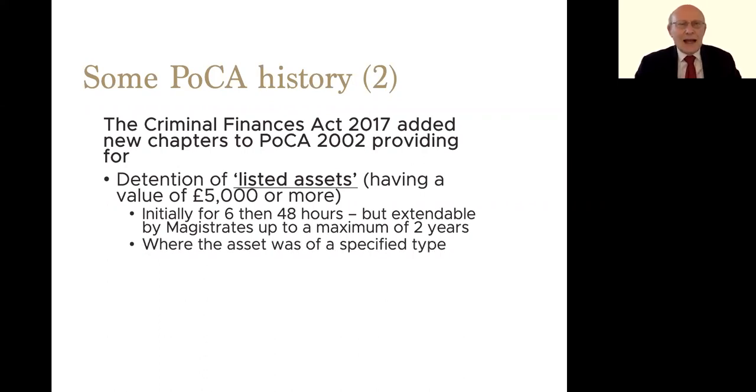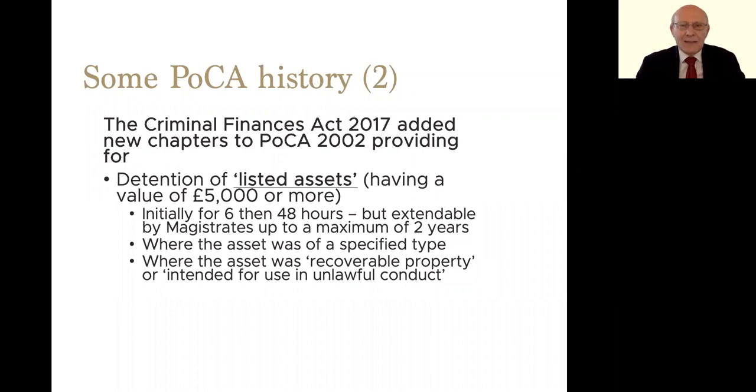The asset had to be of a specified type, for example, expensive jewelry. And it had to be either recoverable property or intended for use in unlawful conduct. And we will come on to say what we mean by recoverable property a little bit later on.